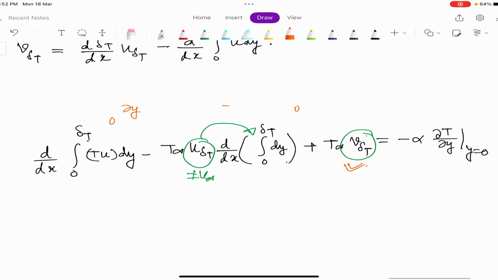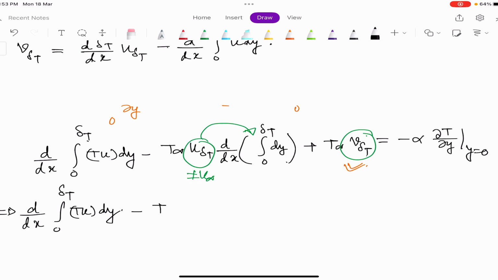So I have this expression of v at delta t. If I put that in, let me write this expression again: d/dx of the integral of u dy. Then what do I have?